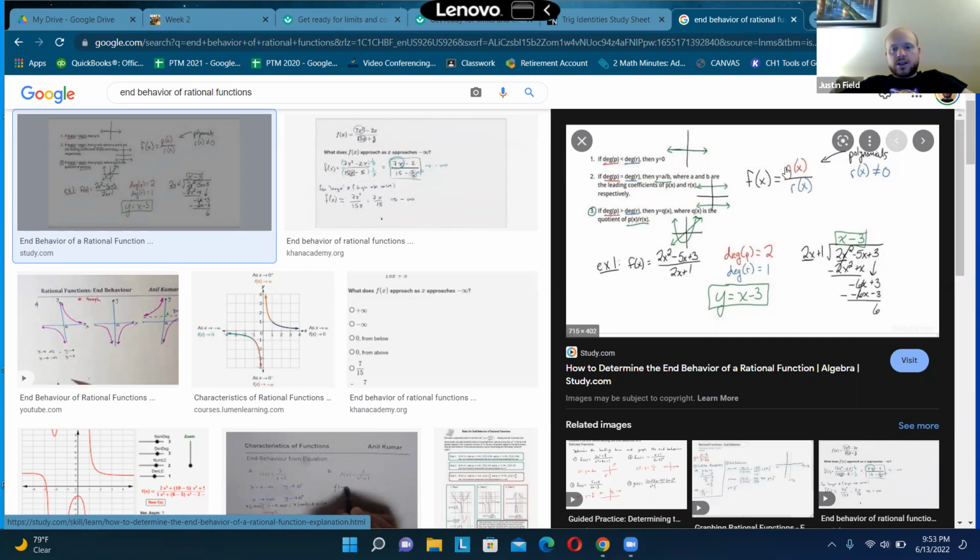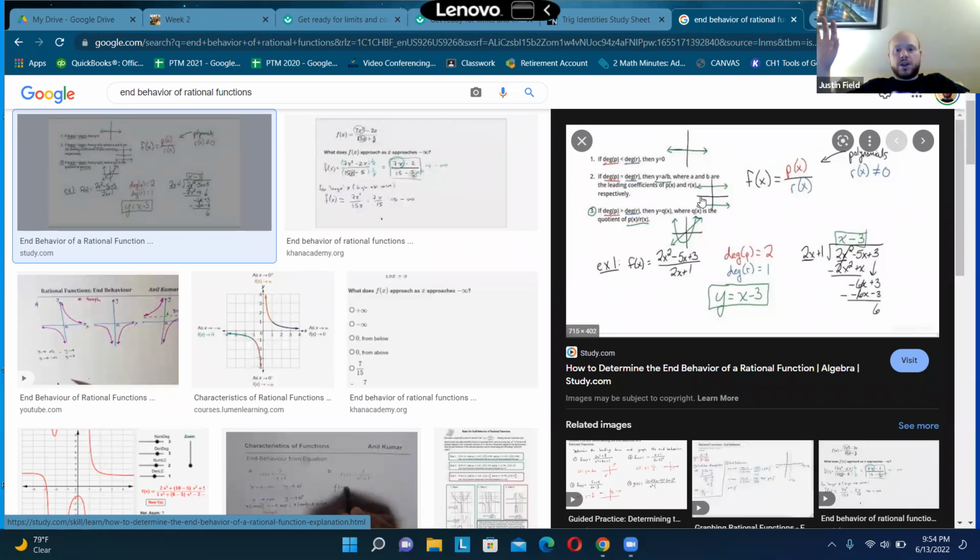P is the numerator and R is the denominator. So if the degree of P is less than the degree of R, then the horizontal asymptote is 0. If the degree of P and R are equal, then it is the fraction of the leading coefficients.